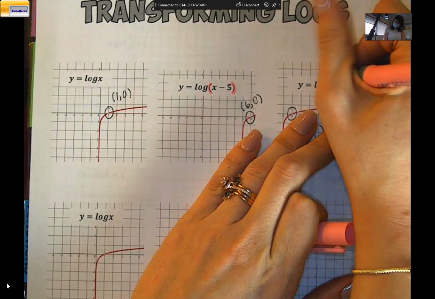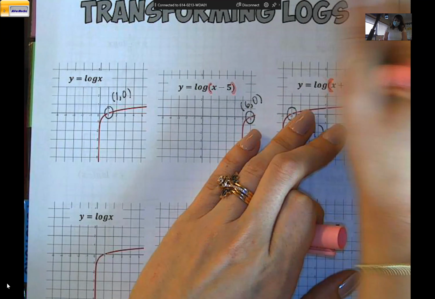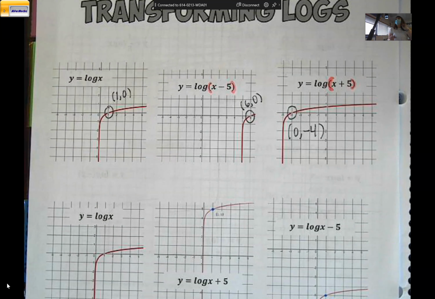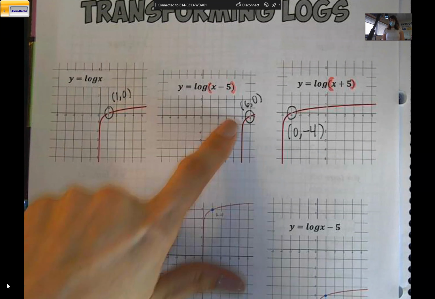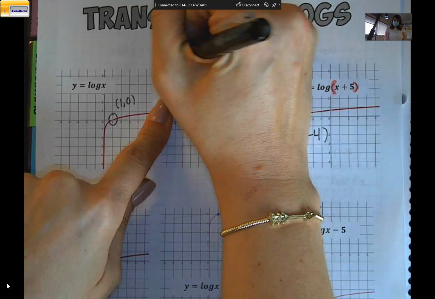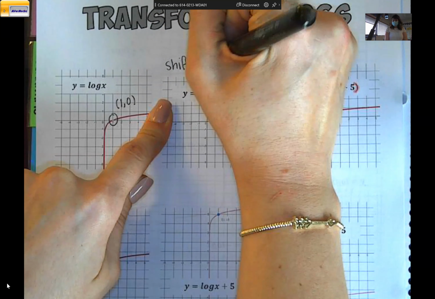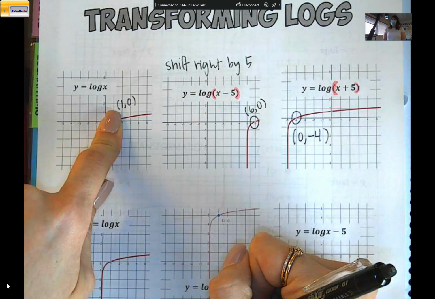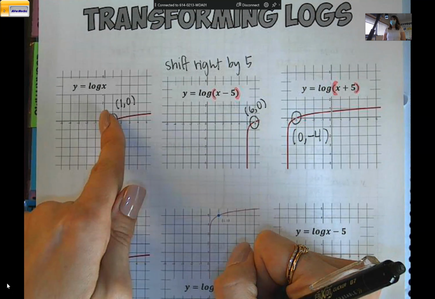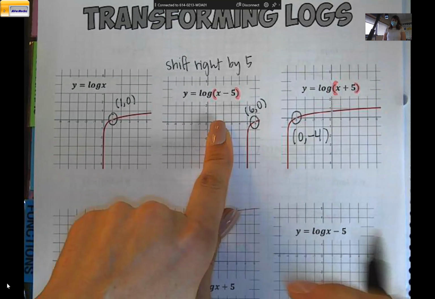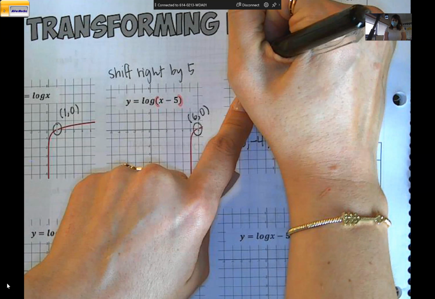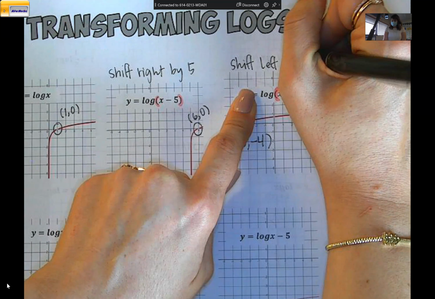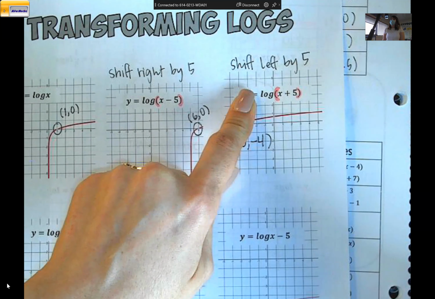So from these two things, I can see that when it's trapped inside with the x, you're either shifting left or right. In this case, you shifted right by 5 because you started at 1 and you ended at 6. On this one, you shifted left also by 5.